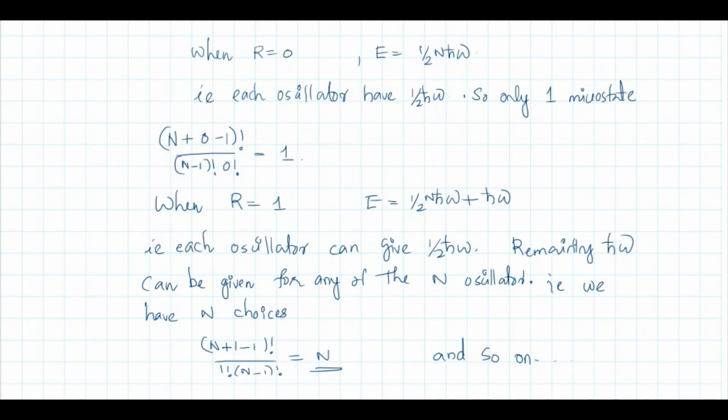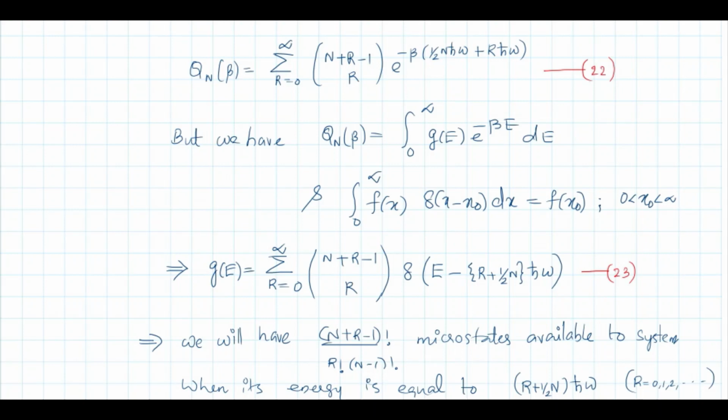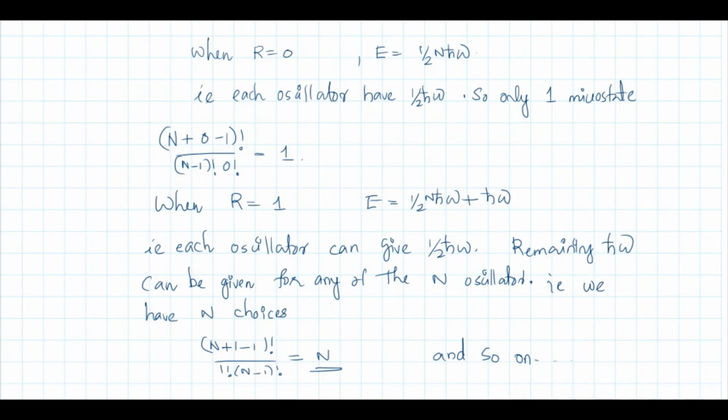So we have only one possible microstate. There is only one possible way to distribute this much energy to n oscillators, because we have to give the zero point energy to each oscillator. If you put R equal to 0 in this, it becomes n minus 1 factorial by n minus 1 factorial, and that will be 1.